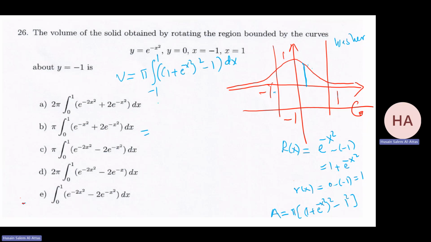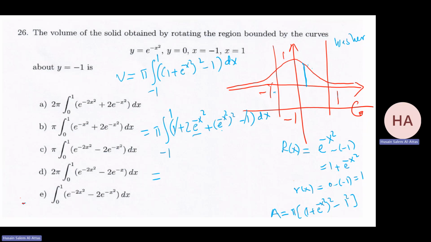Open the parentheses. That gives me what? Pi times the integral from minus 1 to 1 of 1 plus 2 e to the minus x squared plus e to the minus 2x squared, minus 1 dx. The 1s cancel.